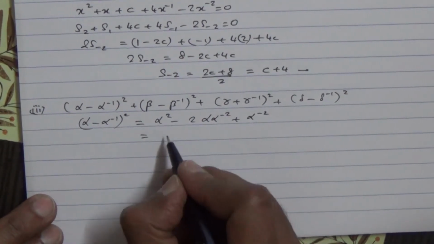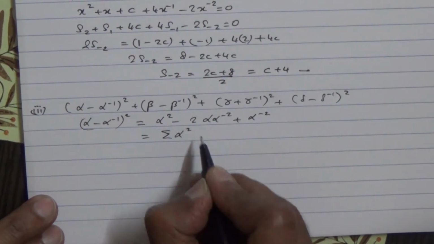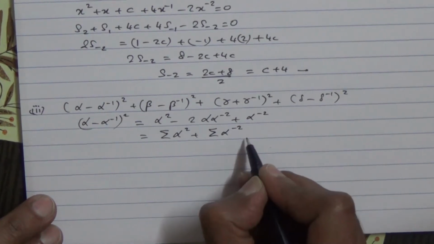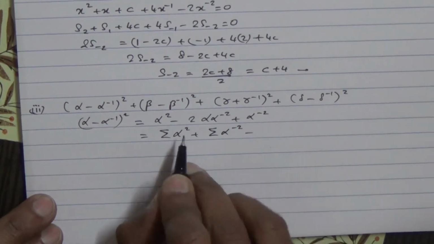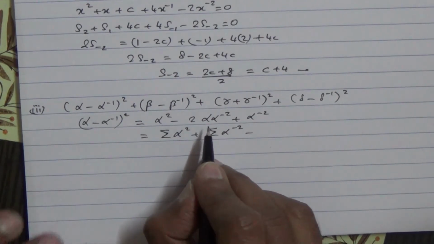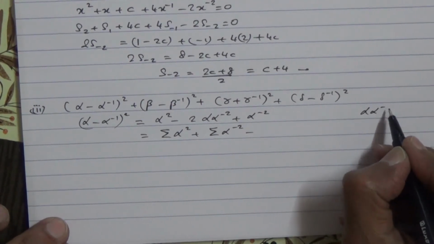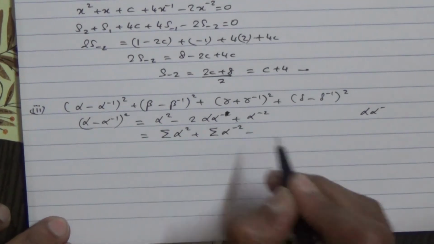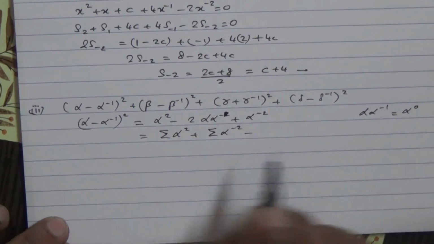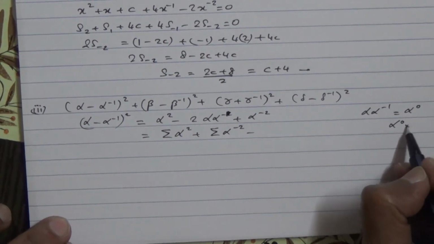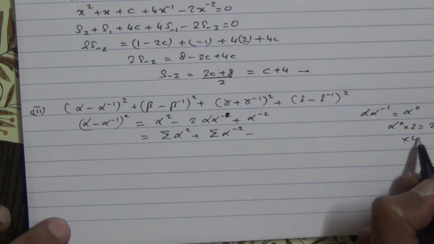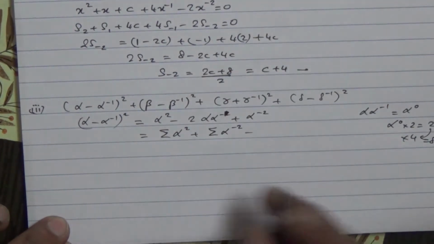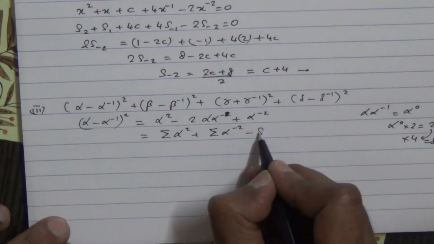This is the same as the summation of alpha square, plus the summation of alpha to the minus 2, and of course minus 2 times alpha to the 0, which is 1, times the 2, is going to be equal to 2, but you have to multiply by 4 to get 8. Why? Because we have 4 roots, so we're going to minus 8.